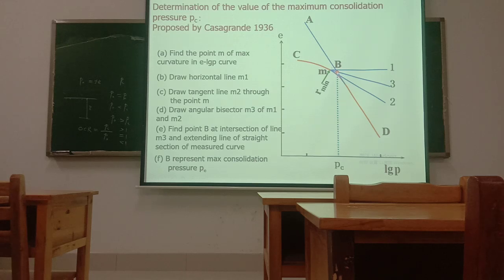So maybe the value depends on our eyes. Maybe every person has a different eyesight, so maybe the point is different. Okay, so the method is an approximate method. Okay.